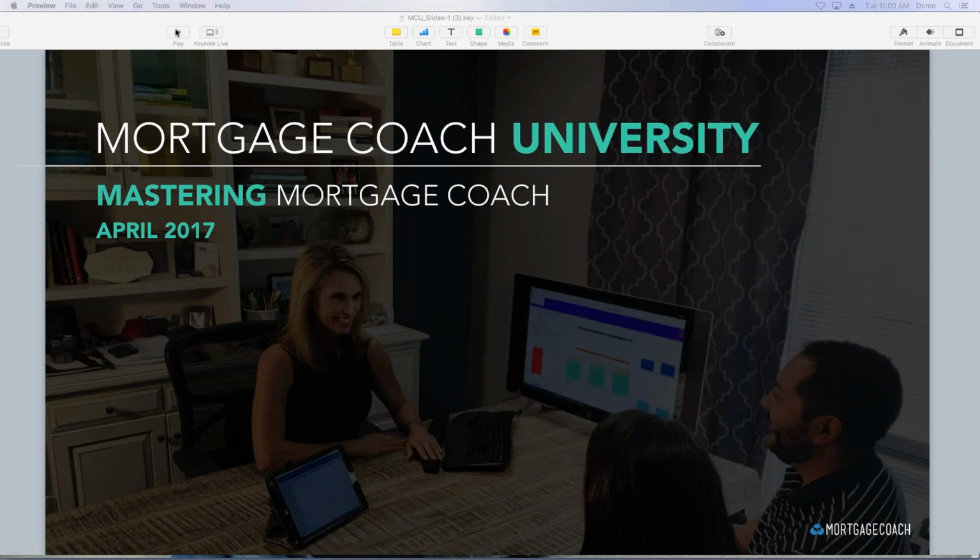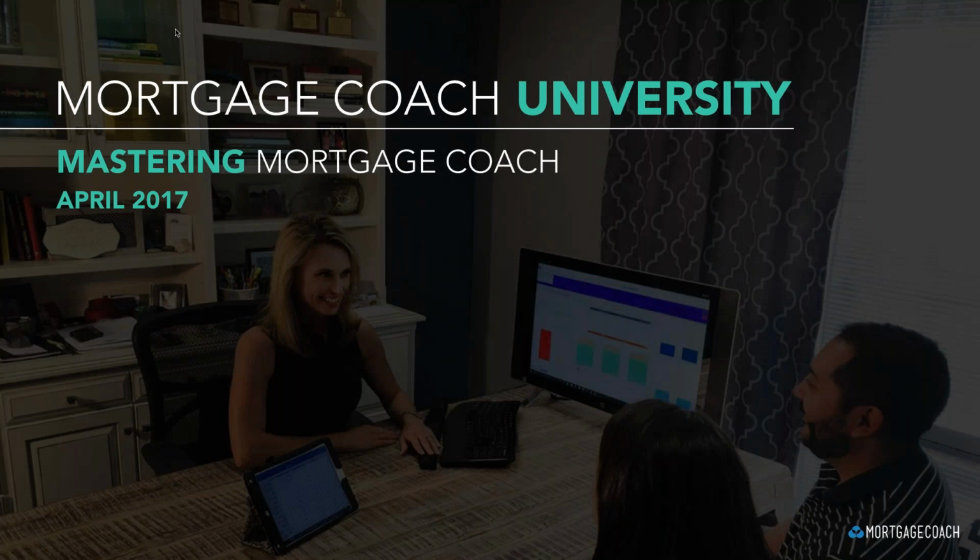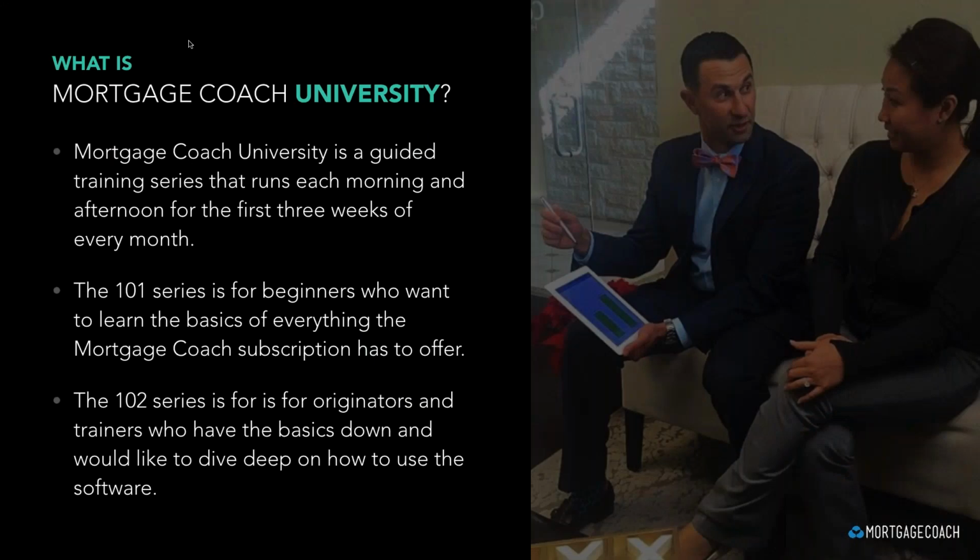Okay, let's go ahead and get started. This is Mobile Mortgage Coach University, and we will be working on building the skills that we have currently and making sure that we know the strategies, we understand different aspects that we can do when it comes to working with our mortgage coach.